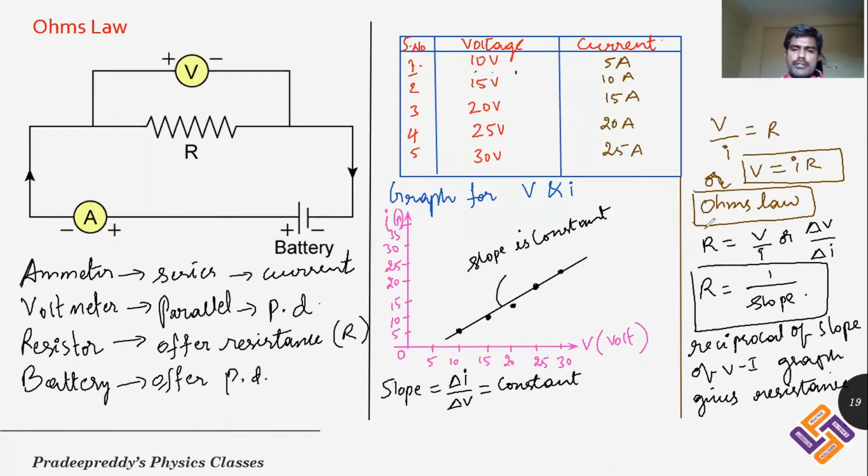You will be just substituting it in this formula for slope, and reciprocal of that slope gives you the resistance of the circuit. So that is one more advantage which you have from this experimental activity. You can calculate resistance of the conductor which is used in this particular circuit.